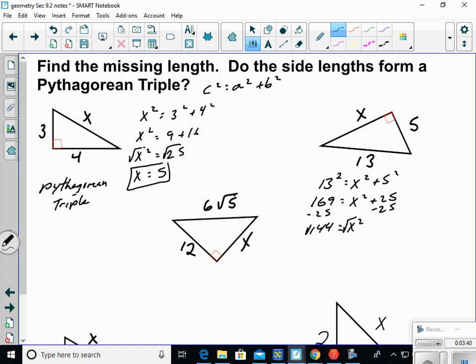And take the square roots of both sides to get rid of the square on the x. And 12 equals x. So once again, 12, 13, 5, all integers. So that is a Pythagorean triple.